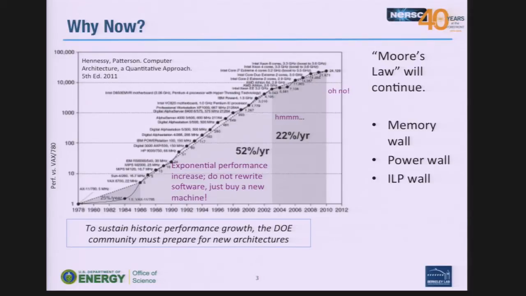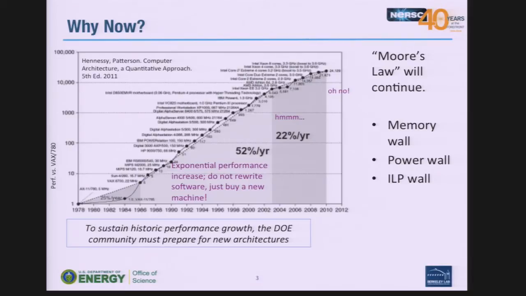And so what you see is during the 90s, during your childhood, folks weren't having to really change their software, their applications, in order to get better performance, right? The computer vendors ratcheted up the clock speed. You didn't have to do much to your software, and you were just happy.